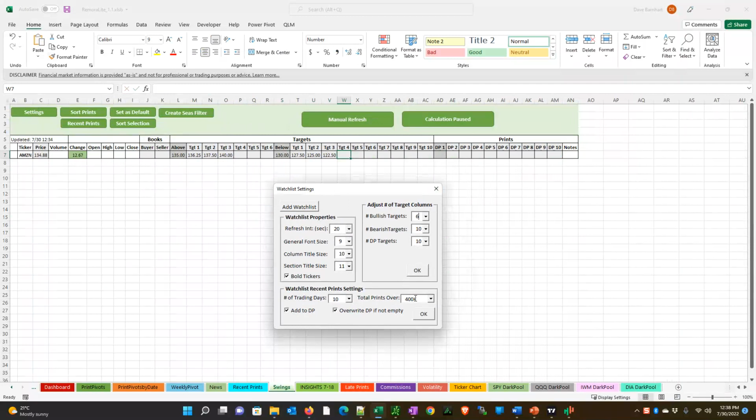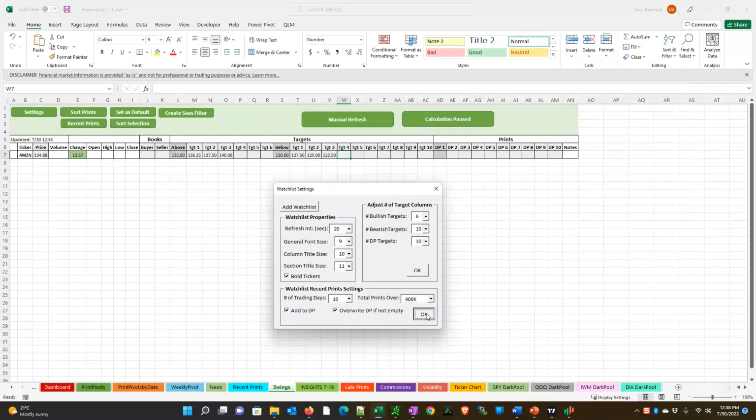And we have this option, add to the dark pool tabs, and then overwrite if it's not empty. So if you were putting in your own numbers here and had this ticked, it would erase them. That would be unfriendly if you didn't want that to happen.